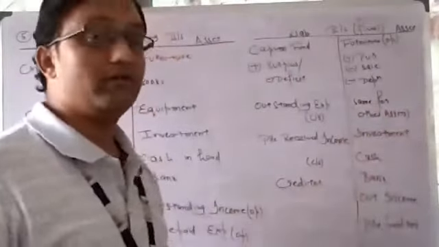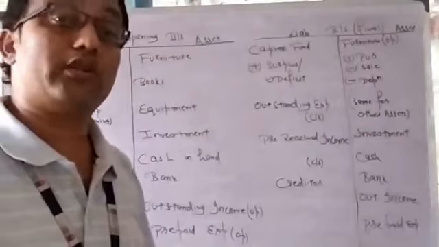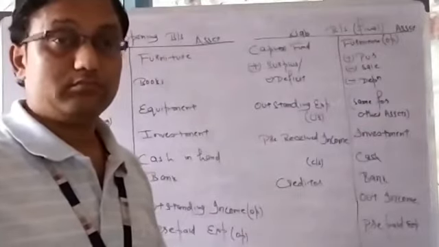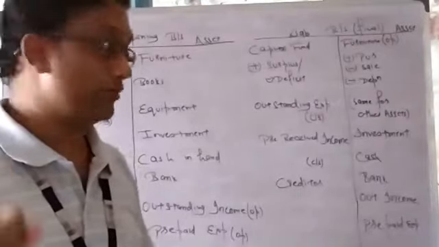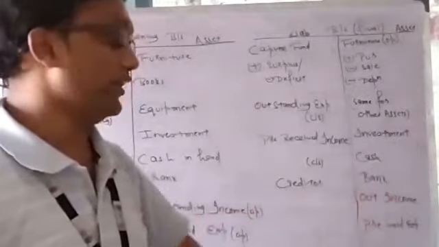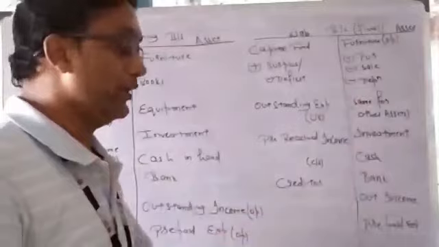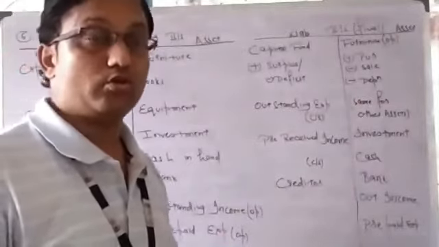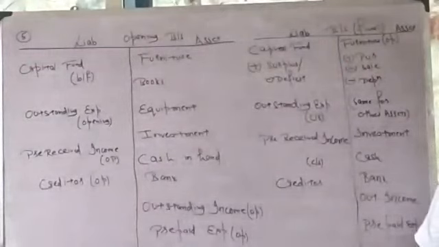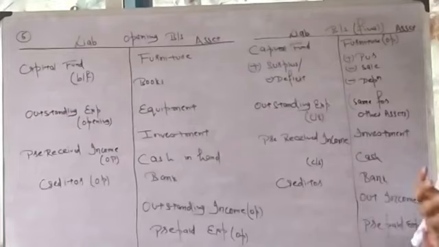Investment, cash and bank, which is given at the closing receipt and payment balancing figure, will be here. Any outstanding income closing, any prepaid expense closing will come here, and both sides will match. So this is our income and expenditure account, balance sheet, receipt and payment, along with adjustments, for preparation of non-trading organization accounts. Right.